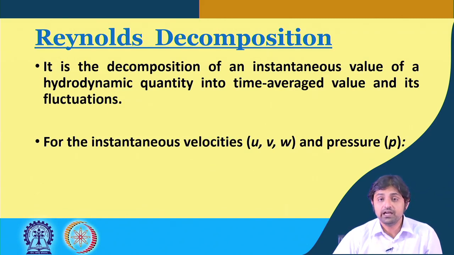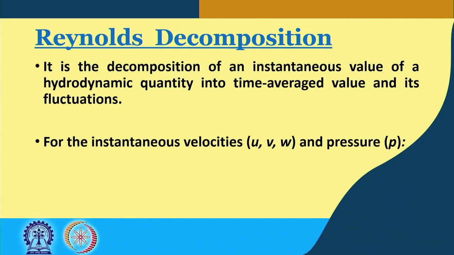For example, at any point in time, if you measure a velocity of 2 meters per second, and the average velocity of that flow is 1.8 meters per second, then the fluctuation is 0.2 meters per second. This is just a very crude example.